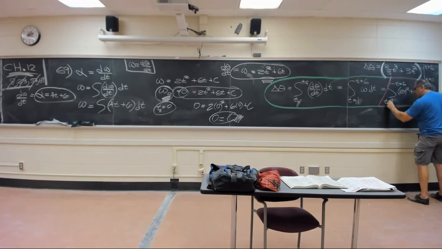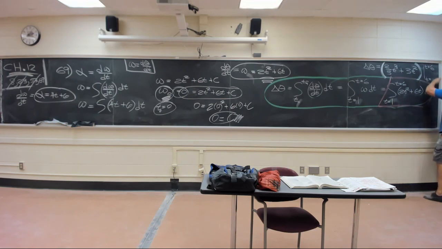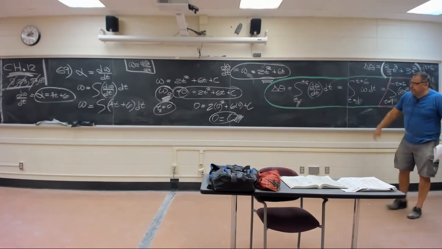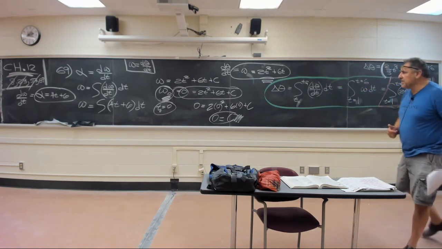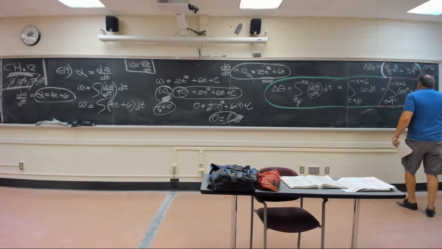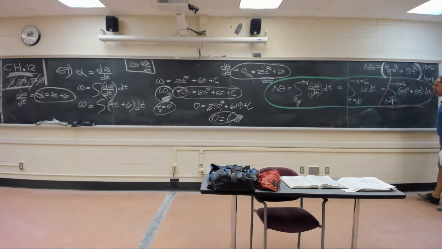You got to have this in here too. I'm sorry. Should have been evaluated to here. Everything else is fine. It's a careless mistake though. If I don't catch it, I get it wrong. It's as simple as that. All right. They said from t equals 1 to t equals 6. That's on me. All right, let's do it.